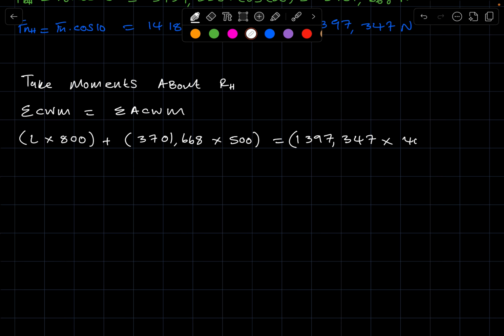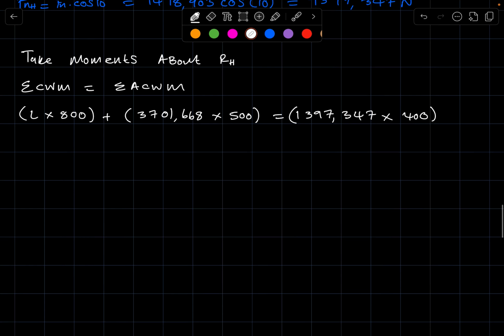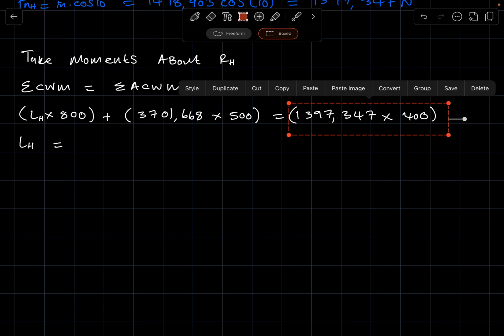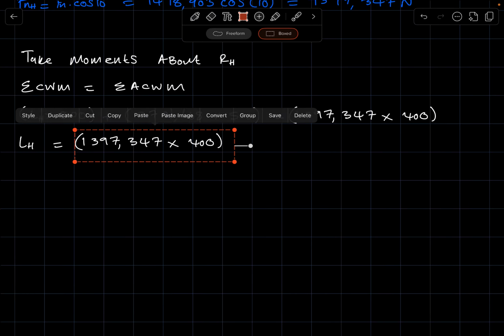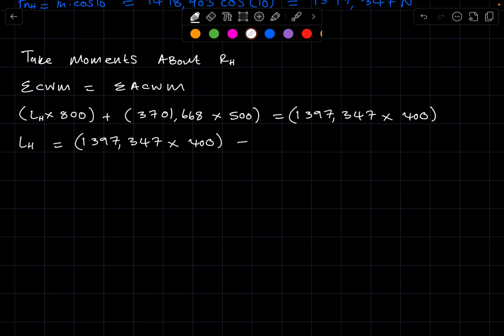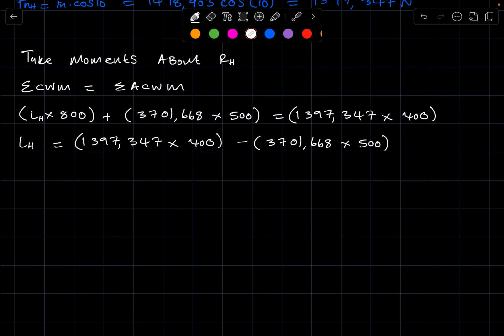Then from here, remember this is LH. So LH is equal to this term minus this term, and of course we divide all of this by 800.